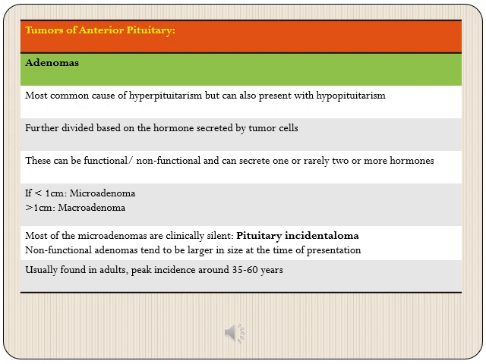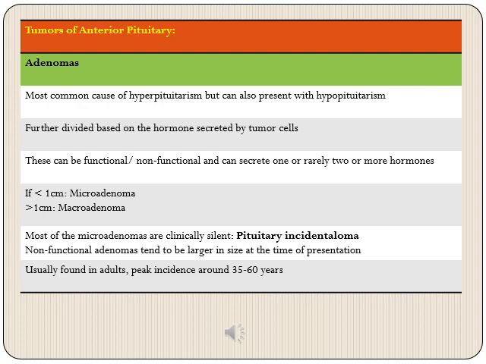If these tumors are less than 1 centimeter in size, they are said to be microadenomas, and if they are more than 1 centimeter in size, they are called macroadenomas. Most microadenomas tend to be clinically silent, and if they are diagnosed at autopsy or during workup for some other condition and are incidentally found, they are called pituitary incidentaloma.